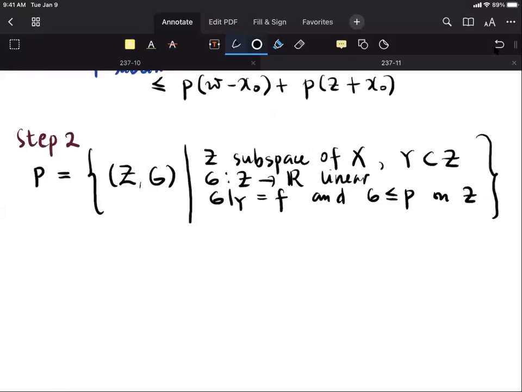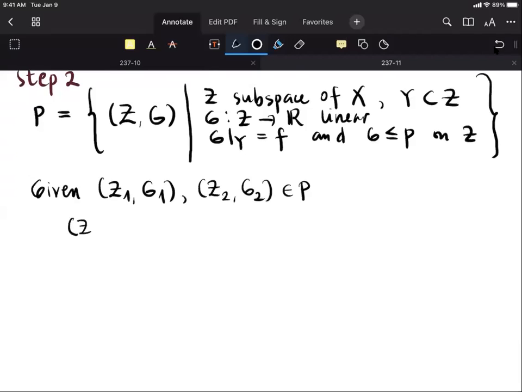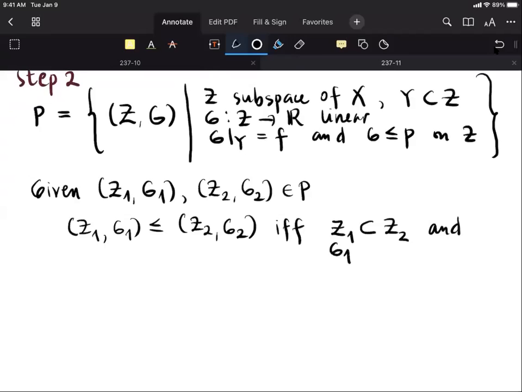And we discuss also a partial order. So given two elements, let's say Z1, G1, and Z2, G2 in this collection of pairs, Z1, G1 is related to Z2, G2 if and only if Z1 is a subset or equal to Z2 and G1 is the same as G2 on the smaller set.